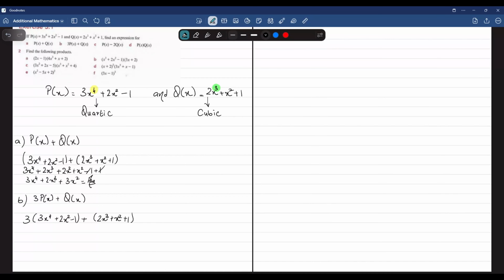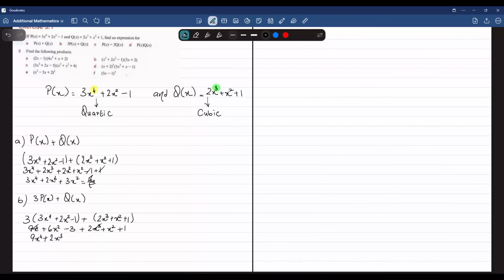Okay, so we have got 3 3s is 9, x raised to the power 4, plus 3 2s is 6, x squared minus 3, plus 2x cubed plus x squared plus 1. Okay, so 9x raised to the power 4 plus 2x cubed.